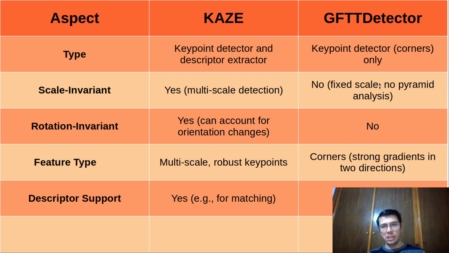Since GFTT doesn't have a descriptor, for both of these it is mostly no. For feature type, robust key points. I can also say GFTT is robust and useful for industrial applications. From the name you can understand, good features to track.